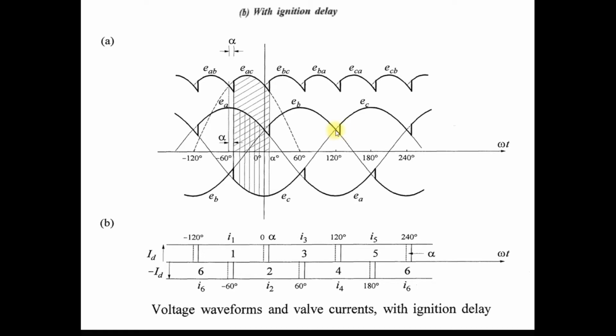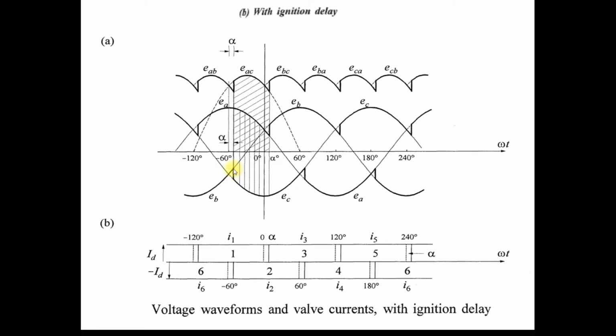Here, after this phase crossover point, after the alpha, you get the EC phase. Same way here, after this alpha, you get the EA phase. Clear? Same way from the negative group here, after this alpha, you get the EC phase.